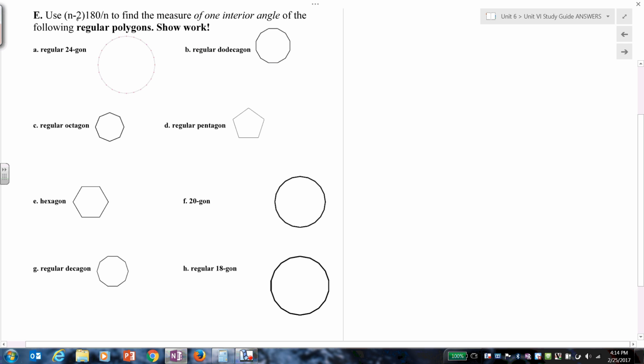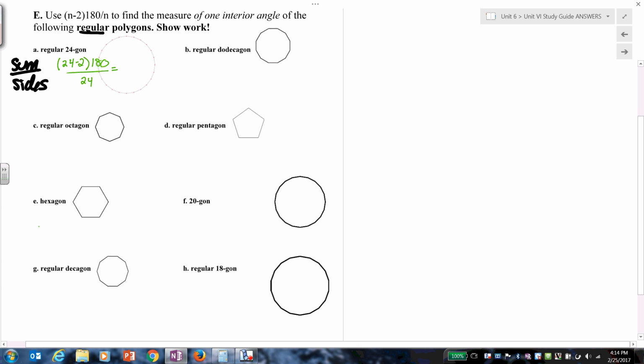For problem E, use sides of one inch and regular. Now what we're finding here is the formula for the interior angles. This one is simply 24 minus 2 times 180 over 24. We're going to see at least plugins for each one of them.